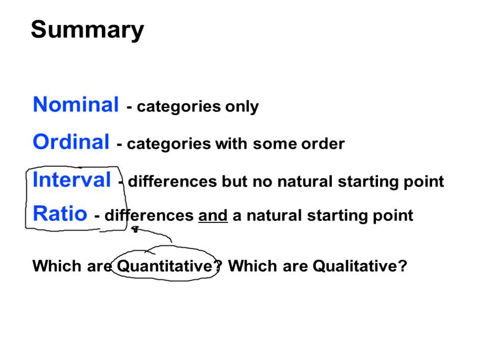Now, the nominal and the ordinal. The nominal, that was categories only. So hair color, political affiliation, I mean, those are categories. So that would be qualitative. And then ordinal, again, they're categories. You can put them in order, but they have some category.